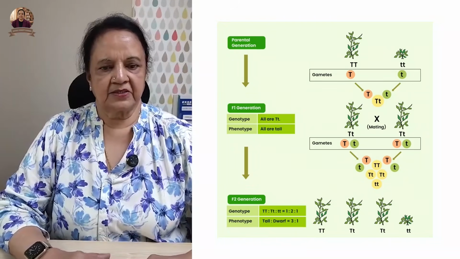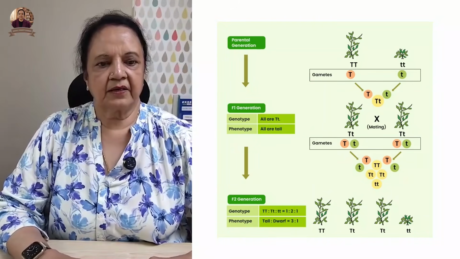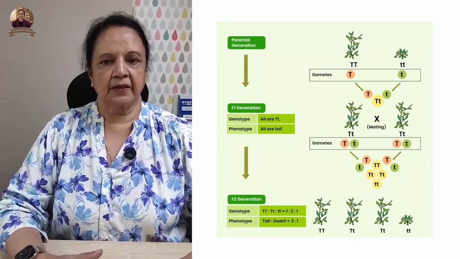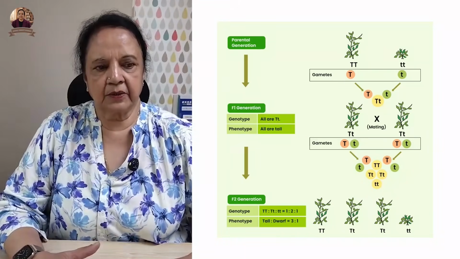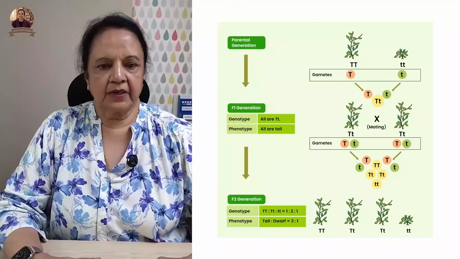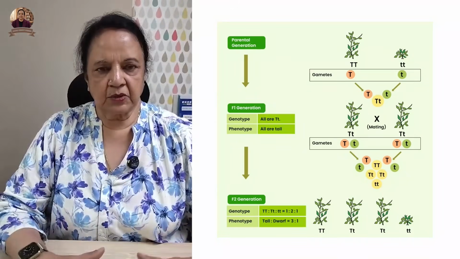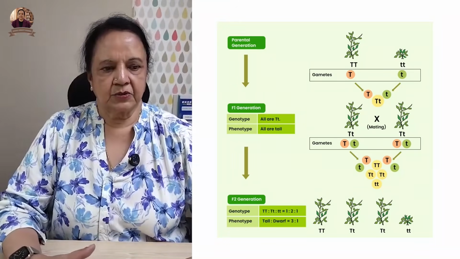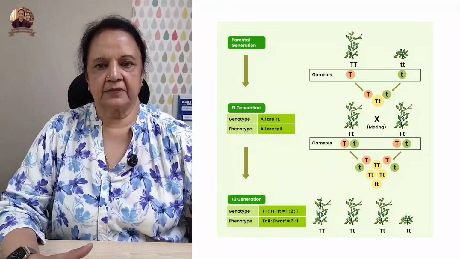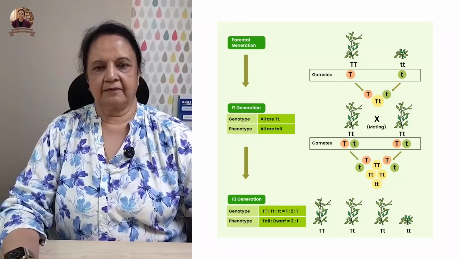The law of segregation states that every individual possesses a pair of alleles for a particular trait, and during gamete formation, the two alleles separate, that is, they segregate, so that each gamete receives only one allele.